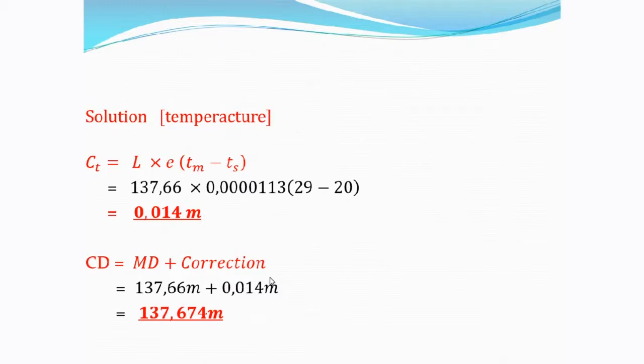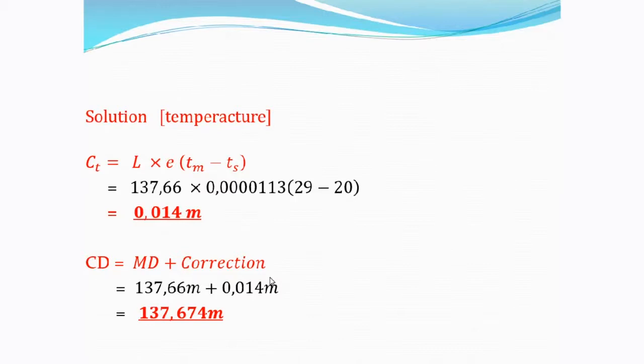Okay, so now we need to find the correct distance, because this is what is being required. So for the correct distance, you take the measured distance or the length that you were given, which is 137.66 meters, plus 0.014 meters.